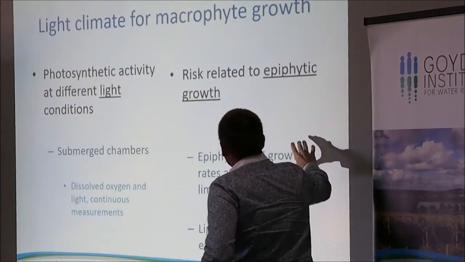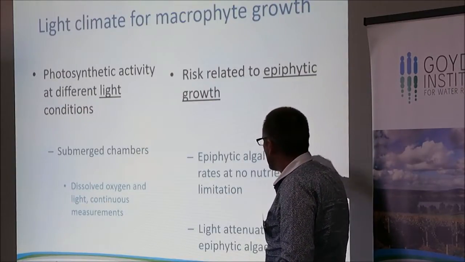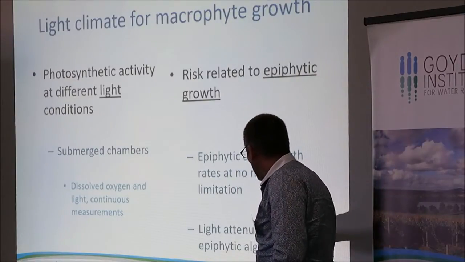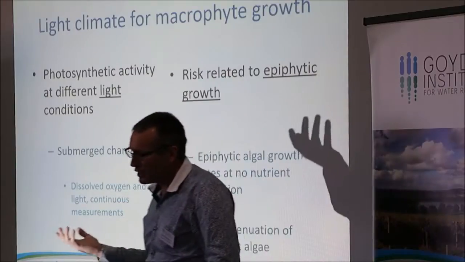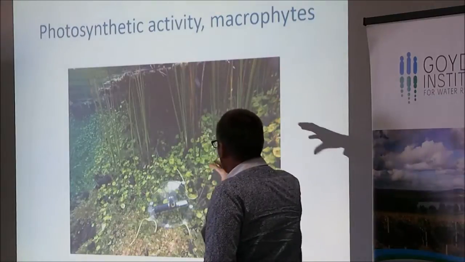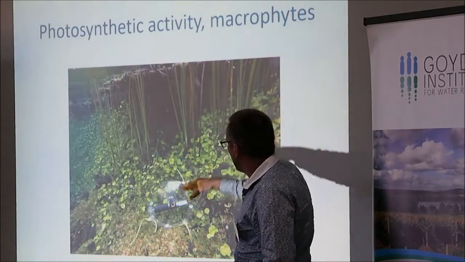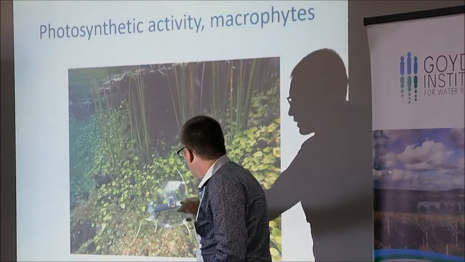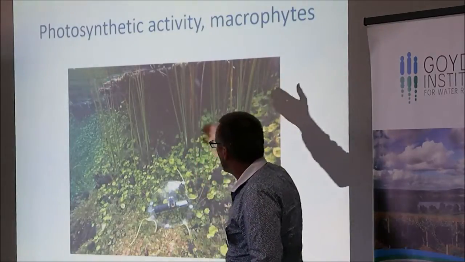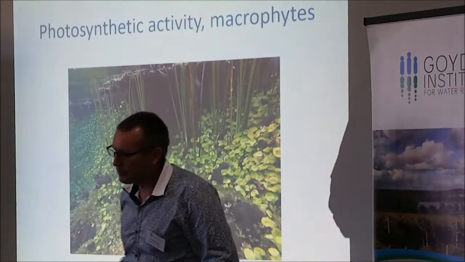And then we're looking at epiphytic algae with no nutrient limitation, so adding nutrients to it at different concentrations to determine how much growth there was, and then how much light attenuation, reduction in light, is going to occur. So they're pretty cool experiments. You just put a dome on the bottom with an oxygen sensor and measure the photosynthetic capability of these plants over the course of a day. With different light tuned over the course of the day, we can determine what the plant light requirements are.